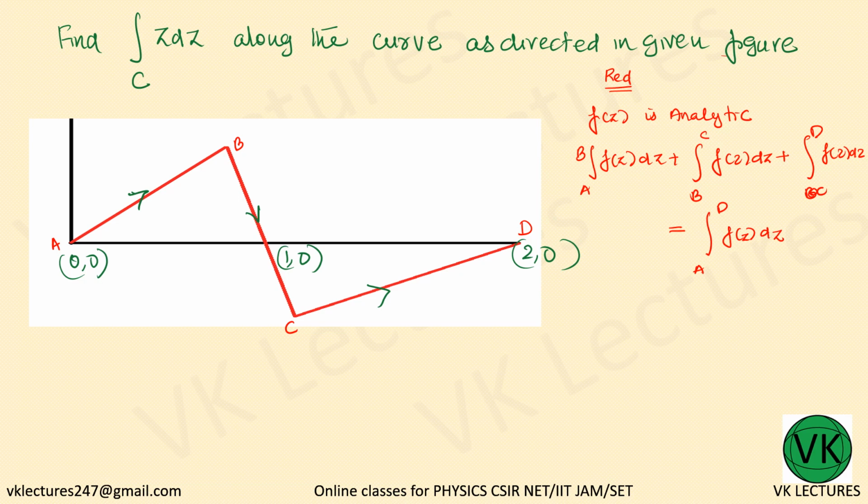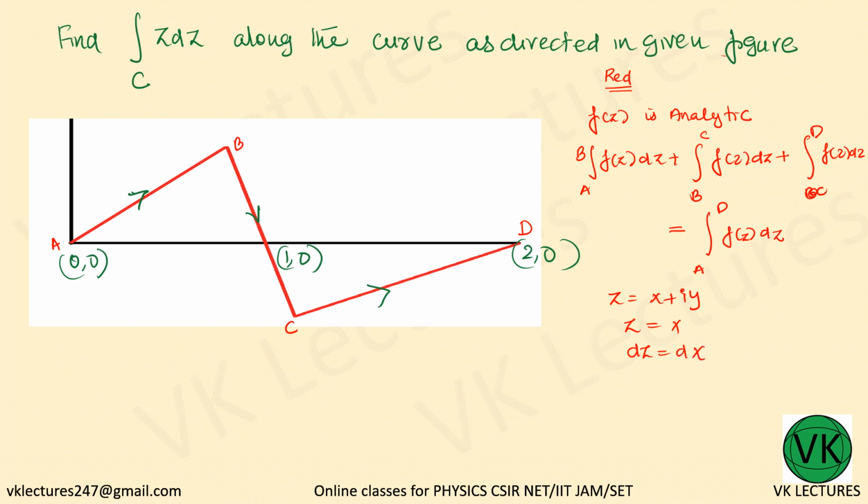So z is equal to x plus iy, and along A to D we know that the y-axis is 0, so y is 0, so z is equal to x and dz will be equal to dx.